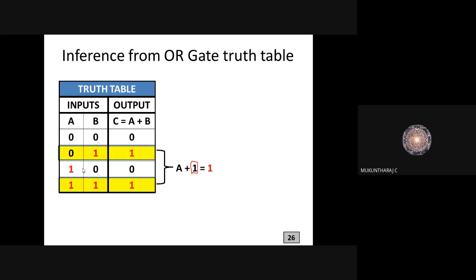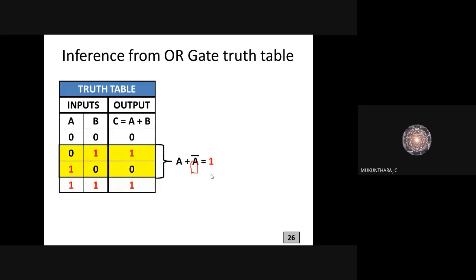Alternately, from this table, considering the variable A having 0 and 1, for these two cases the input B has logic 1. What is the output? Logic 1. So if one of the inputs is fixed at logic 1, then whatever the logic level on the other input, the output will be logic 1. So A plus 1 gives logic 1.